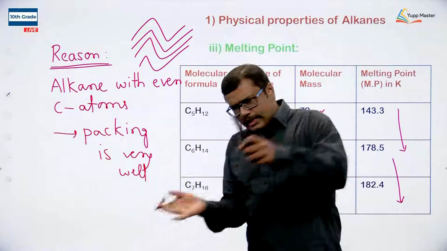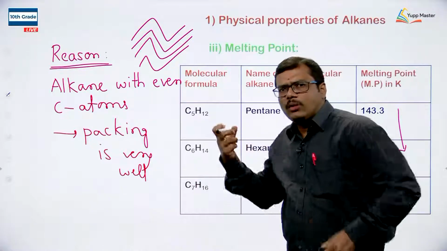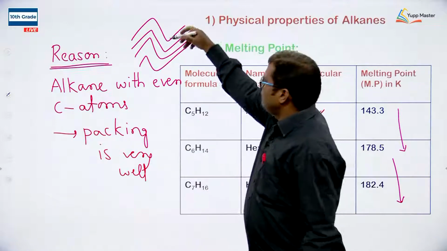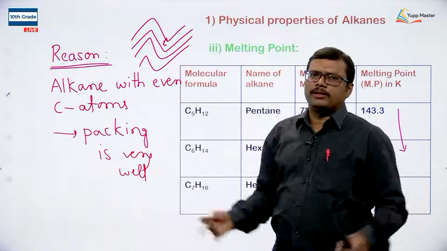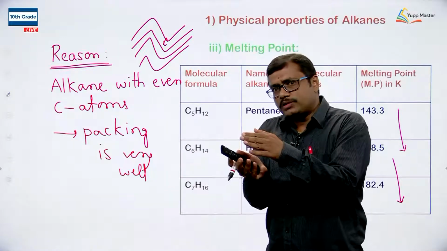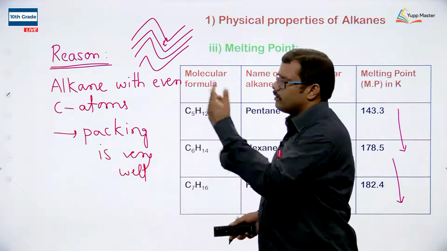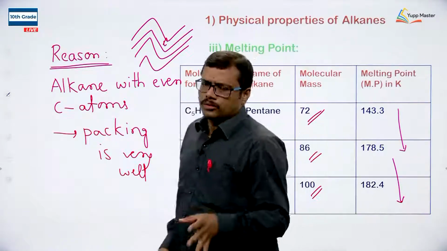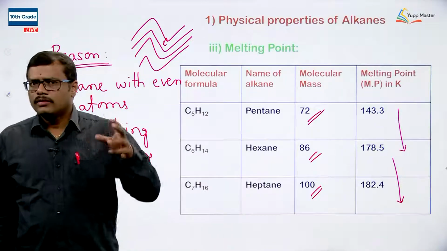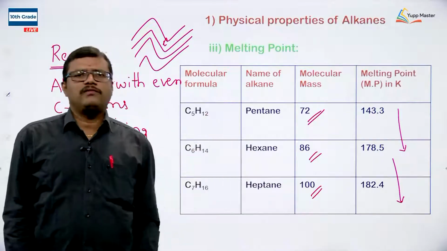Since the packing is efficient, when I want to melt it, what do I have to do? I have to give more energy to make the molecules move apart. Since the packing is efficient, the forces of attraction, the interactions, are more. Since the interactions are more, the melting point also comes out to be more. So, therefore, an alkane having an even number of carbon atoms will have a higher melting point compared with an alkane having an odd number of carbon atoms.